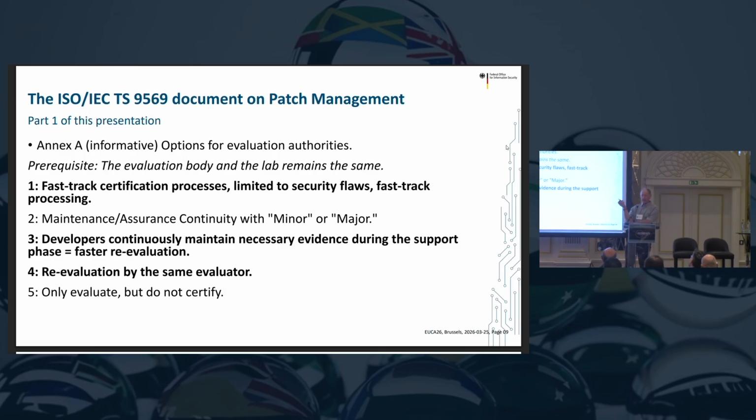In our BSI pilot, we used some of the options, not all of them. You see in bold letters the ones that we used. So we used a kind of certification process limited mainly to the security flaws. And the manufacturer also used some ways of describing the evidence as the documentation.